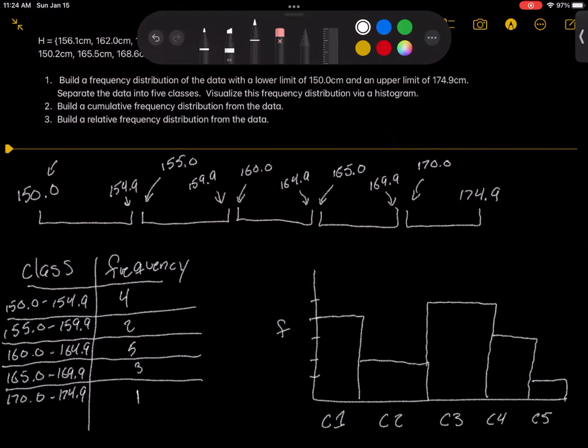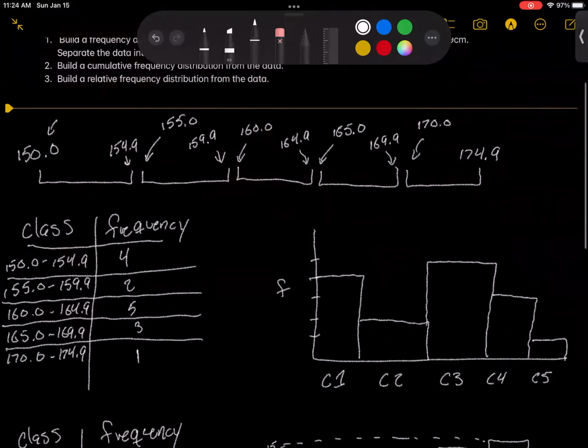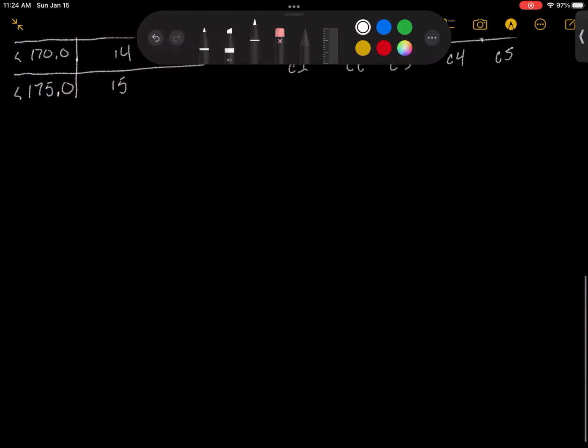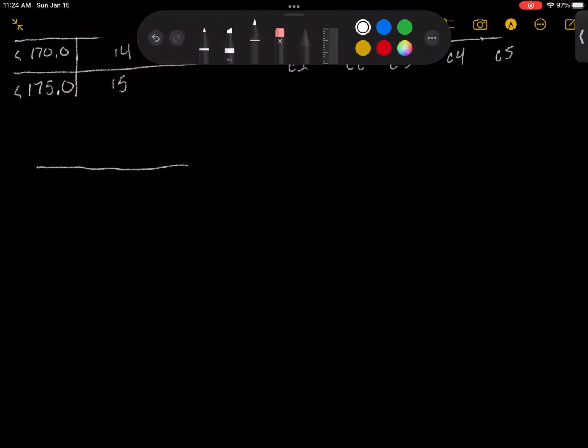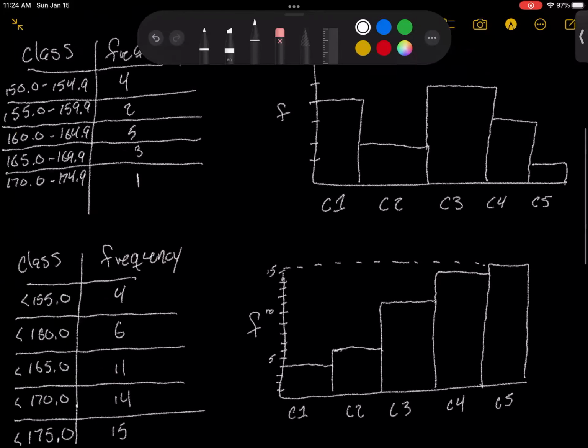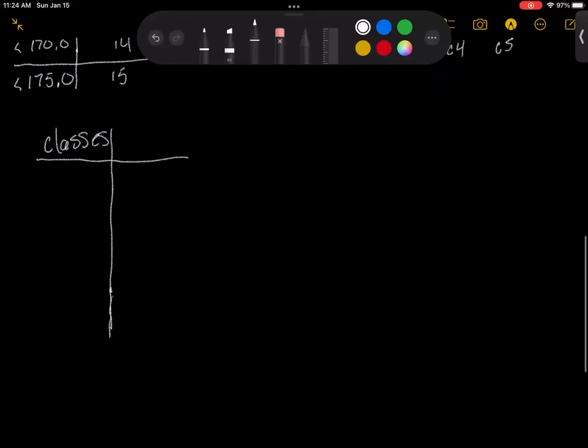Finally, we want to build a relative frequency distribution from the data. So again, we'll have our classes. And here our classes will be as our original distribution was. So the first class will be between 150 and 154.9.